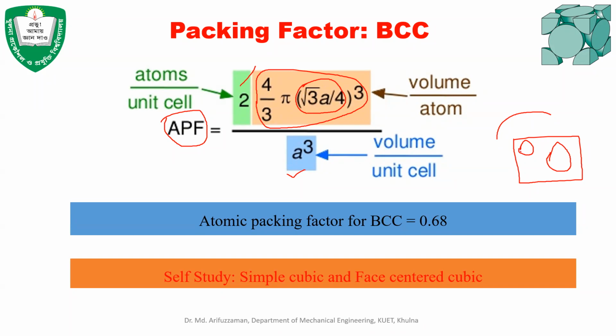In 3 dimensions, we consider the volume of a single atom, multiply it by 2 since there are 2 atoms, and divide it by the total volume of the unit cell. This is the packing factor of the body-centered cubic structure, which is 0.68.